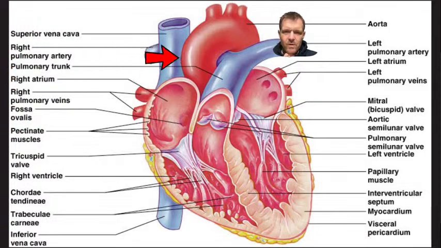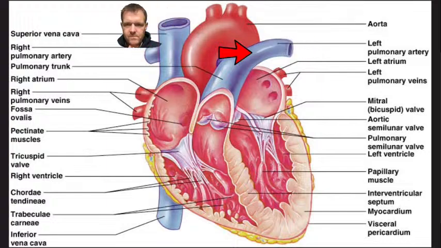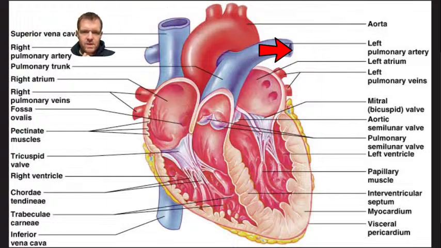So here we've got the right pulmonary artery, that bit there, that is from this. So this is your pulmonary artery as well. This one's going to the left lung, and that one wraps underneath this vessel here, which is your aorta, and then that one goes over to your right lung. So that's your pulmonary arteries.